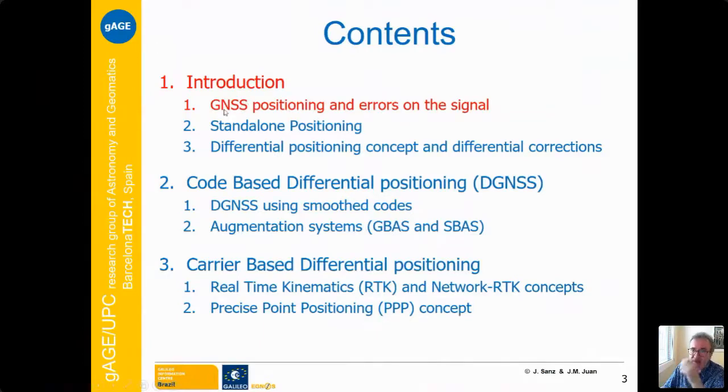We will start with standalone positioning, then talk a little bit about differential positioning, then code-based differential positioning and carrier-based differential positioning. In carrier-based is where we have the highest accuracy we can achieve. We will talk about real-time kinematics, RTK, and precise point positioning.